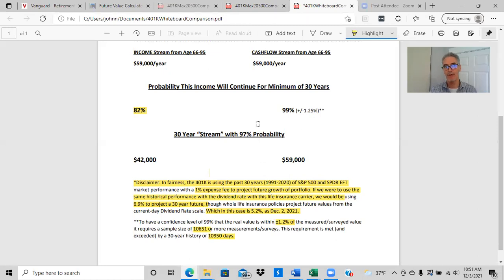And I want to point out something else. I made a very strong, because of the capitalization, uppercase income stream, uppercase cash flow stream. And that's because this is still income over here.